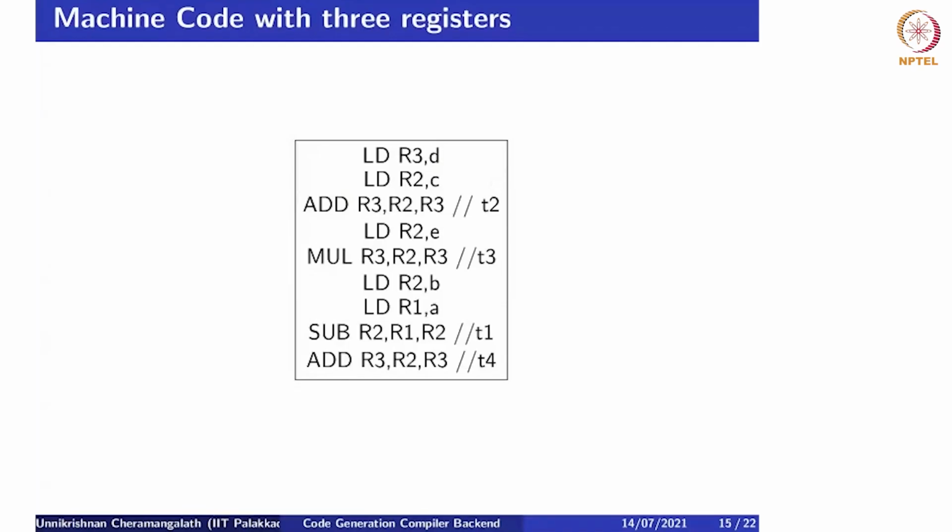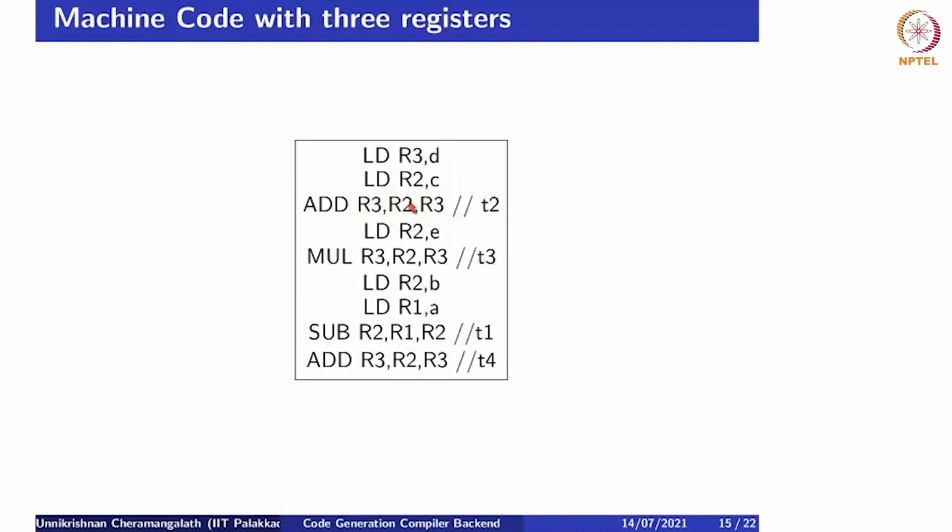Yes, thank you. So R3 is loaded with D, which is the right subtree of T2. Then R2 is loaded with C. This is the semantics of the arithmetic instruction: destination register, source 1, source 2. Now R3 holds the value of T2, and R2 is now free.